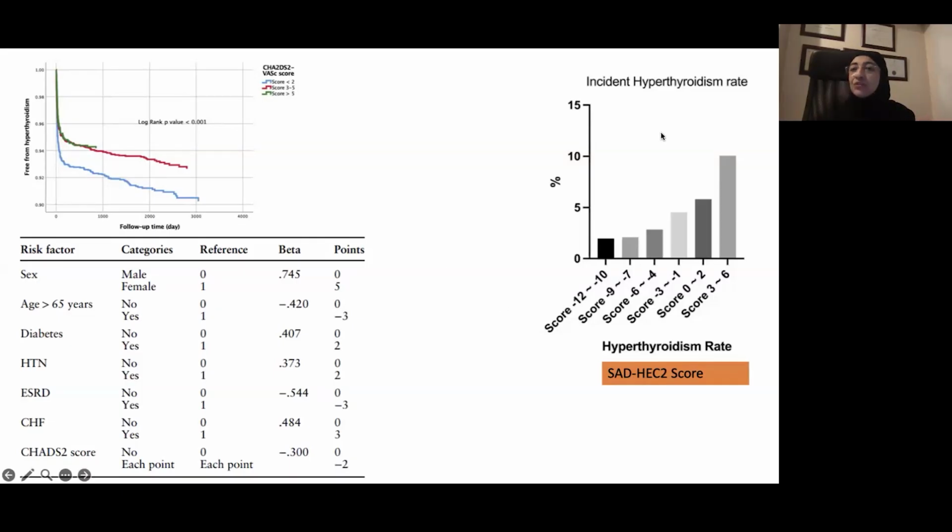So the incidence of hyperthyroidism could be calculated based on the points you generate from this risk calculator. The more points you achieve, the higher the incidence, up to 10% incidence of this patient having hyperthyroidism with atrial fibrillation admission.